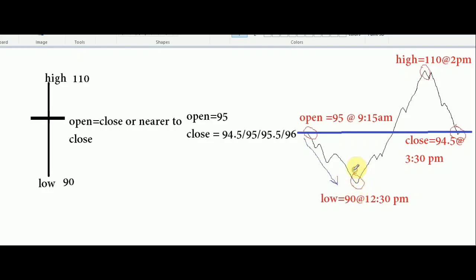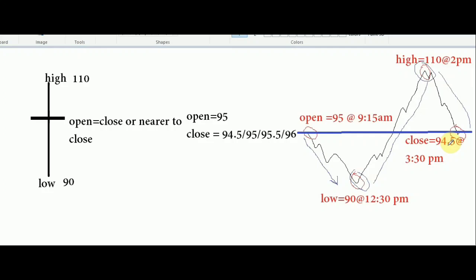And from here you see at 12:30 when the price made a low equal to 90, then the bulls came in and became so active that they pushed the price higher. A lot of demand came in and the price went up and made a high around 2 p.m., which was 110. Now again at this level the bears became very active and started to generate pressure over the bulls. So the selling pressure was greater than the buying pressure. Hence the price started to come down, and at 3:30 p.m. the price closed at 94.5, which is near the opening point.